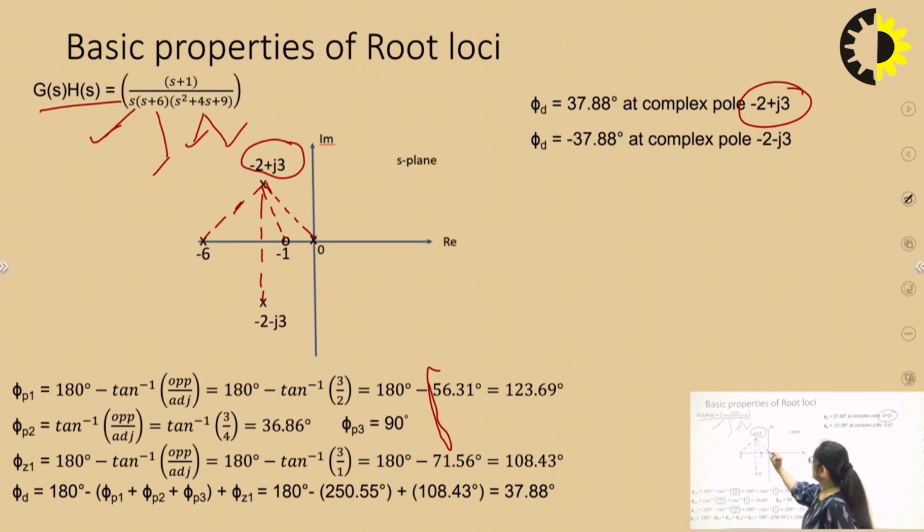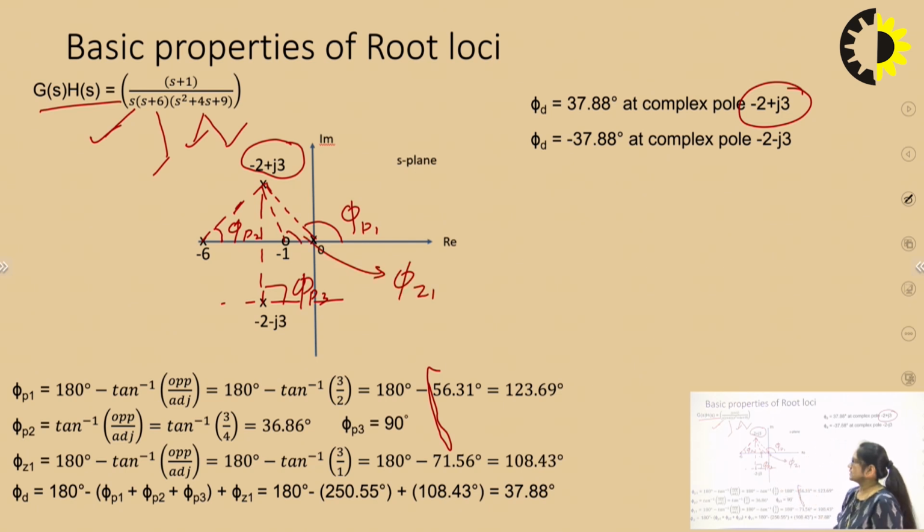Let us say this is one pole at 0, so this is phi P1, the angle with the real axis. Let us say this is another pole, and let this angle be phi P2. And this one with the real axis, this angle phi P3. And let us say this angle is phi Z1.